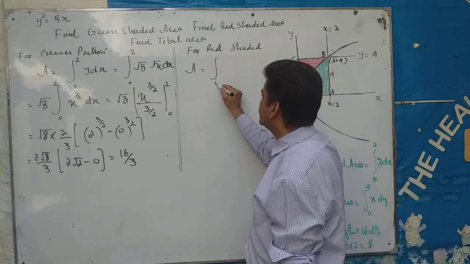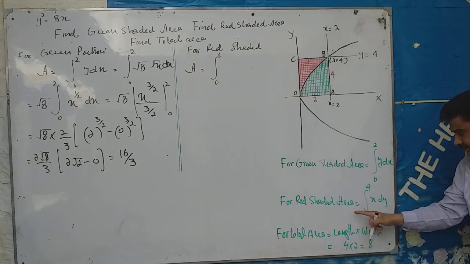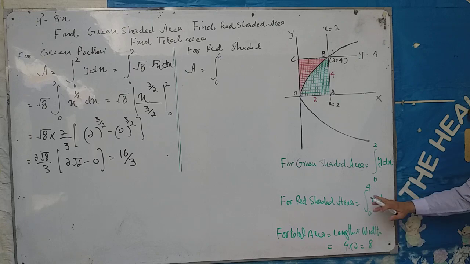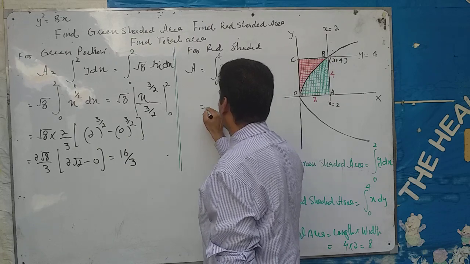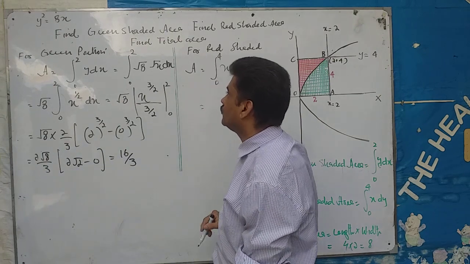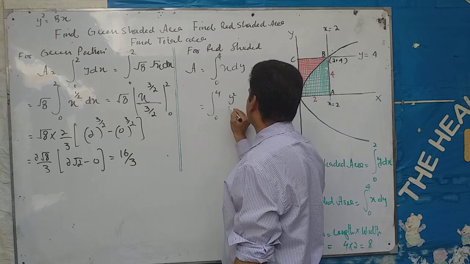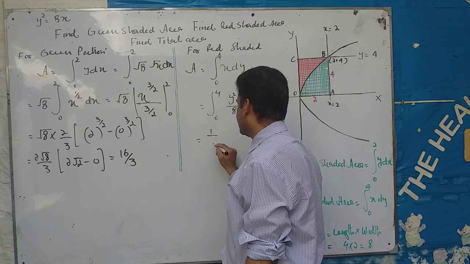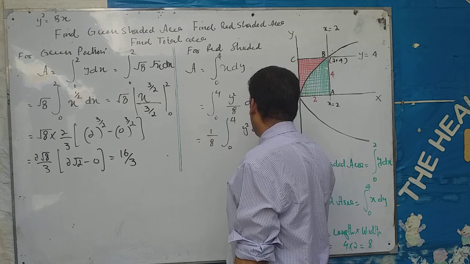We use y equal to 0 to y equal to 4, and we use the formula for the red shaded area: integral from 0 to 4 of x dy, and the value of x from the given equation is y square by 8. We take 1 by 8 as a constant: integral from 0 to 4 of y square dy.